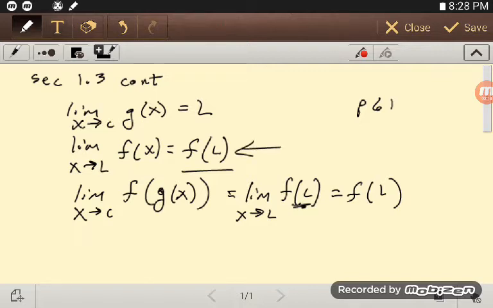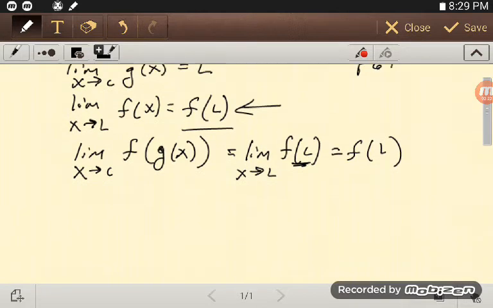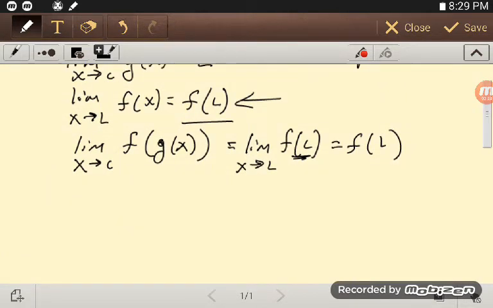That's very important. It's a subtle point, but by writing f of L, it says the function does exist there, and the limit is f of L. Okay, so that's composition.